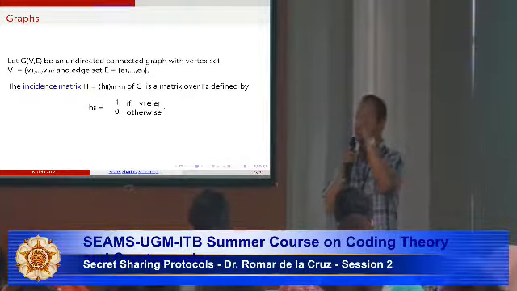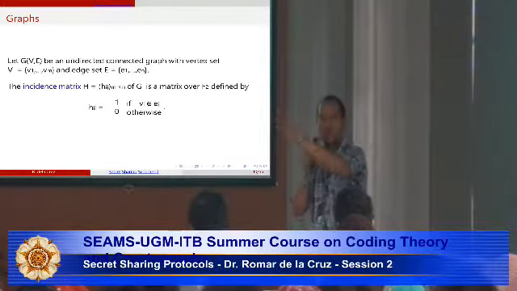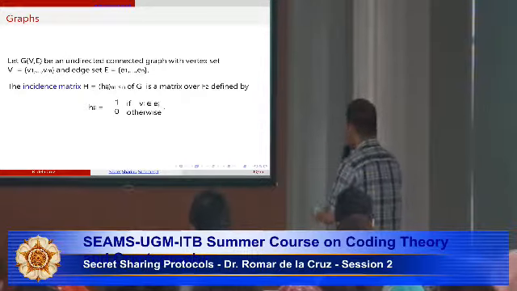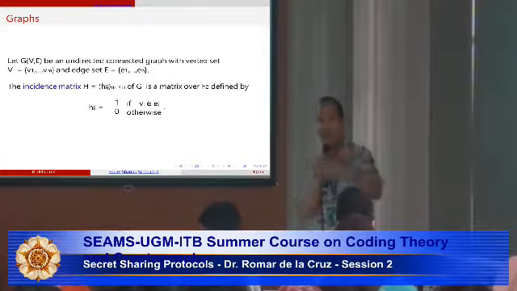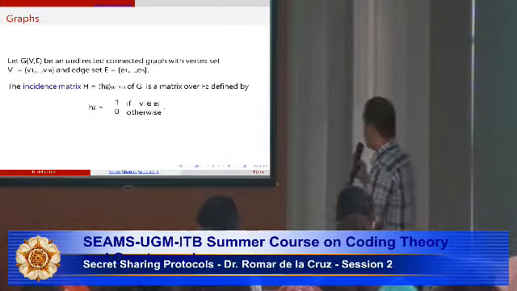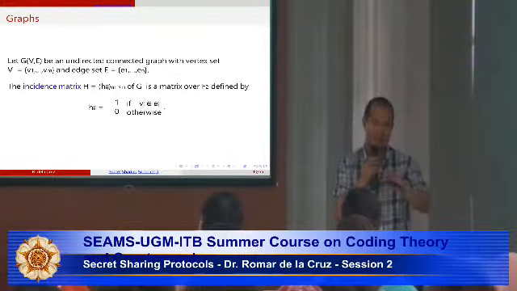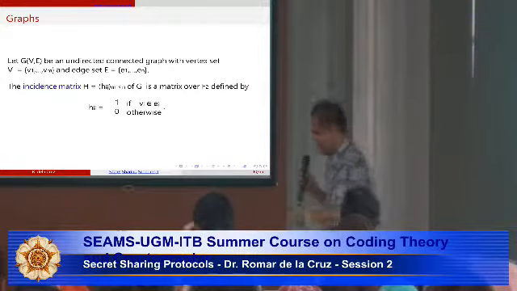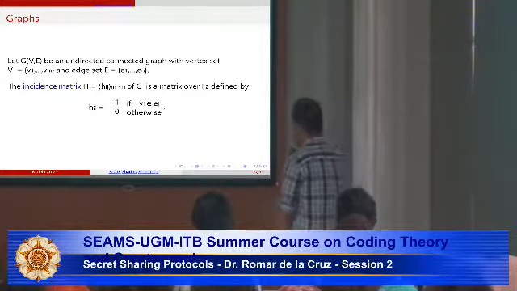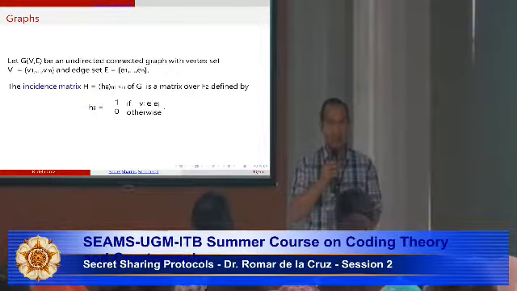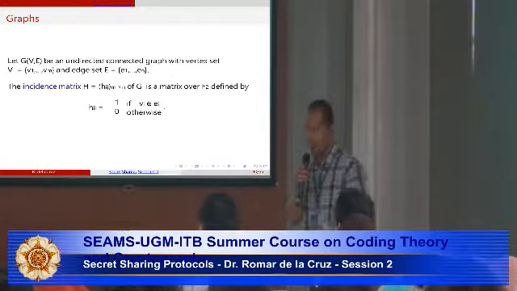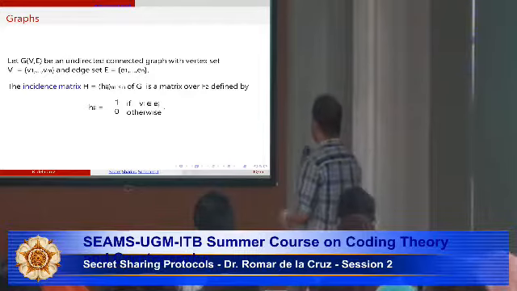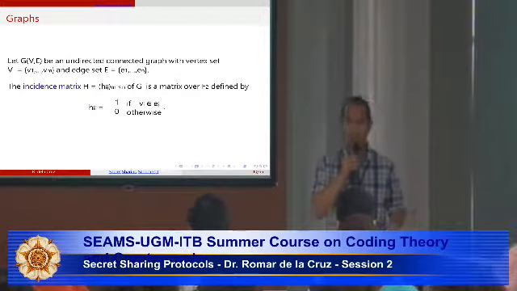So it's a vertex by edge matrix, and the entries are defined as follows. The ij entry is 1 if the vertex V sub i is in the edge E sub j, and 0 otherwise. So that's the incidence matrix. Now, we can use the incidence matrix to obtain binary linear codes. You consider the span of the incidence matrix over F2. So we can obtain two binary codes from the incidence matrix.